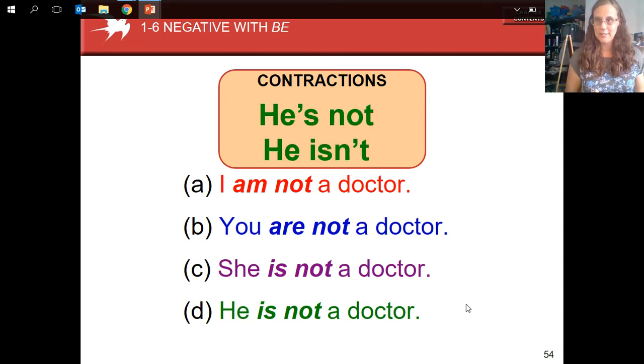He's not a doctor, or he isn't a doctor. He's not a doctor, or he isn't a doctor. So similar to she, right? Isn't.